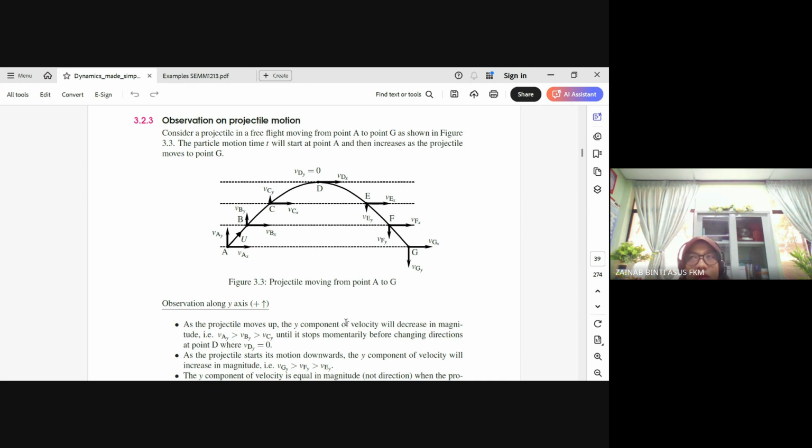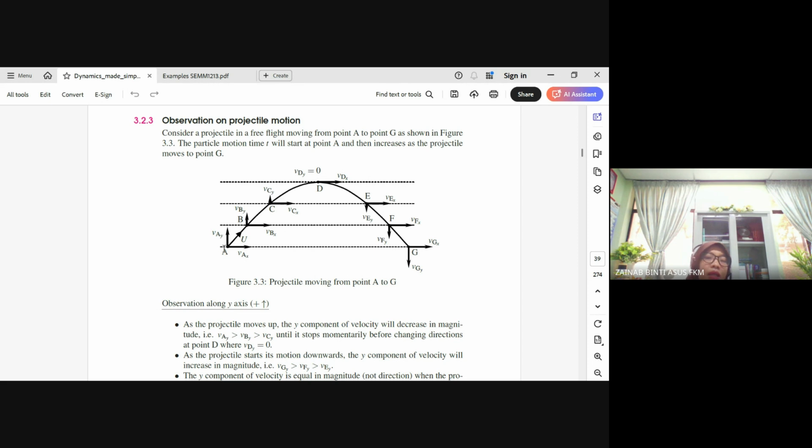The shape of the movement will be parabolic. Then you have this height, and if you see here, the maximum point will be D. That is the maximum point for this projectile.